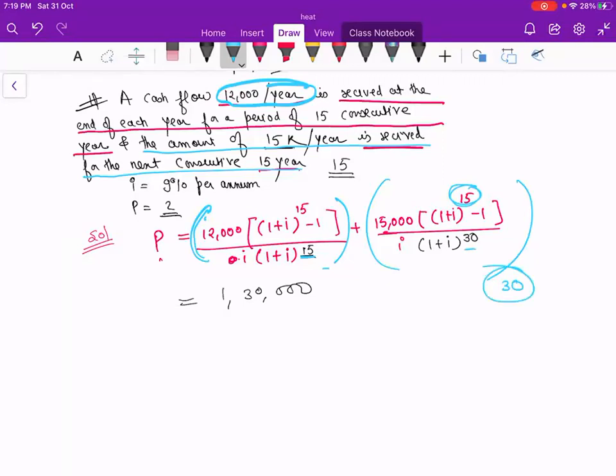See, for English: so I will be depositing 12,000 rupees per year for 15 years. This denominator shows how many years I want to go back.